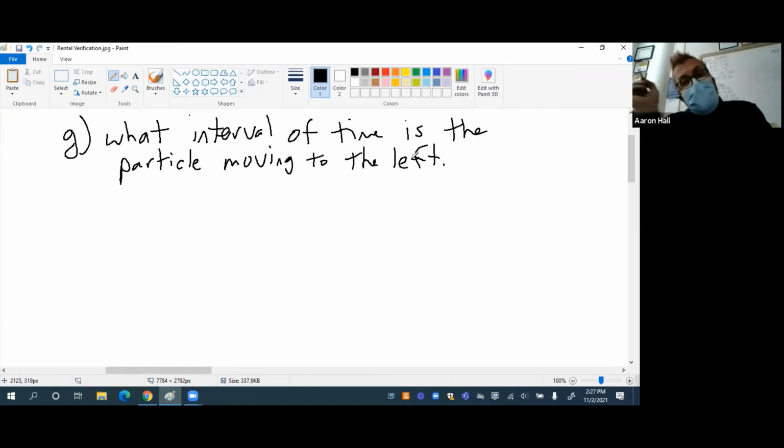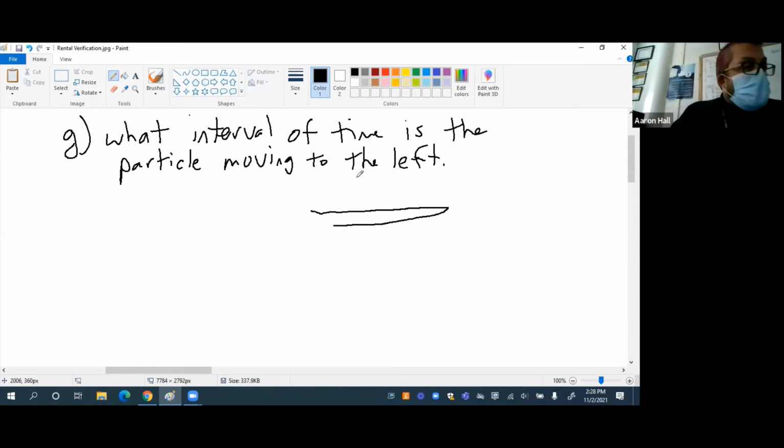Now, it's important when we're talking about a particle moving to the left and moving to the right in one-dimensional space. If a particle is moving to the right and it moves in one-dimensional space, what does it have to do before it can move to the left? It has to stop. So according to our discovery from the previous problem, we only see that the particle stops twice.